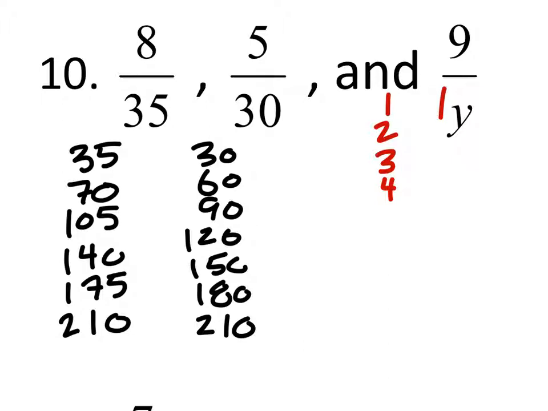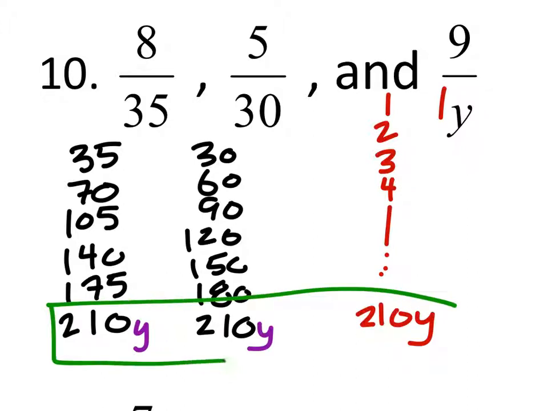So really, this would go all the way down to 210 as well, right? Here's the problem, though: there's 210y. So how do I make these other ones the same as 210y? Just tag on a y with those. So it looks like our common denominator is going to be 210y.